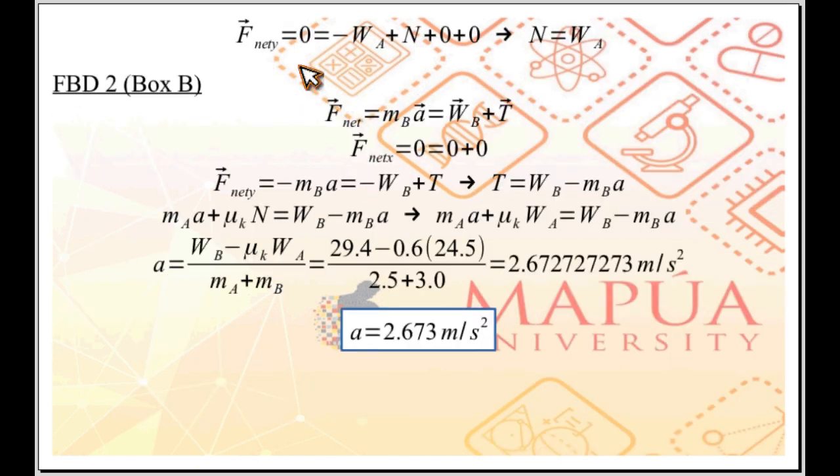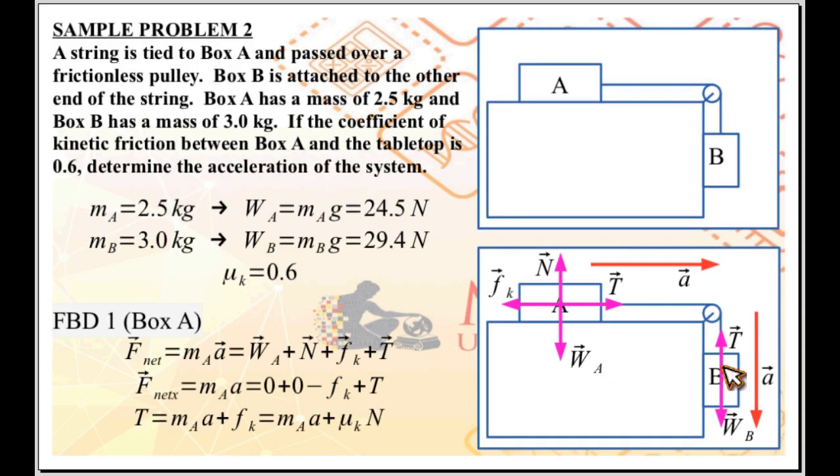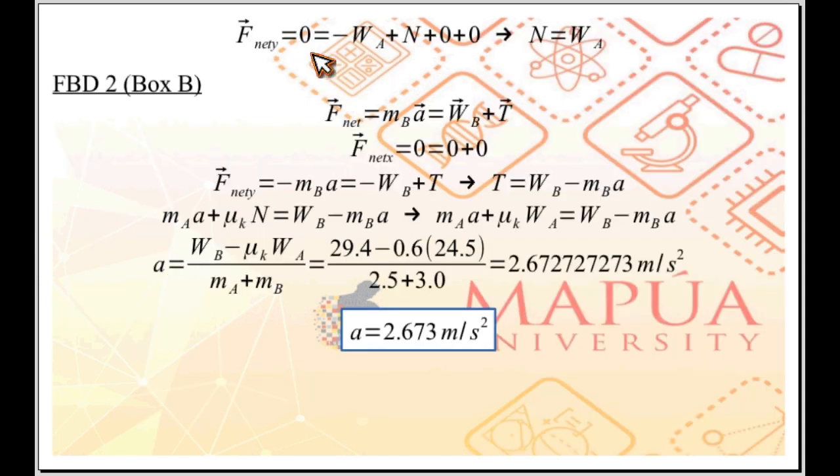Going now to the Y component, F net Y is equal to 0. Acceleration of A rather is horizontal, so no y component. So M_A A is 0 on the y component.